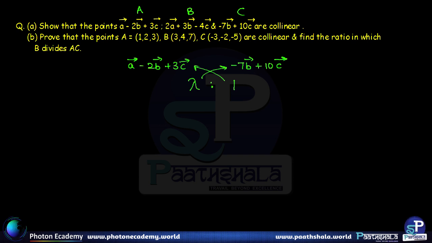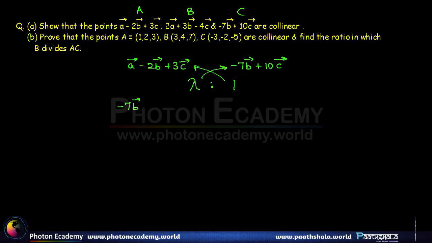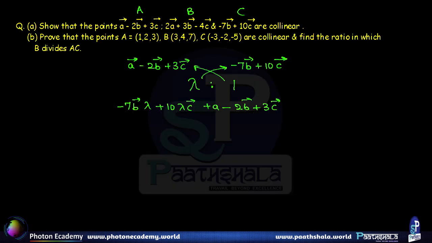So it will become minus 7B lambda plus 10 lambda C plus A minus 2B plus 3C upon, we know the section formula, it will be lambda plus 1.